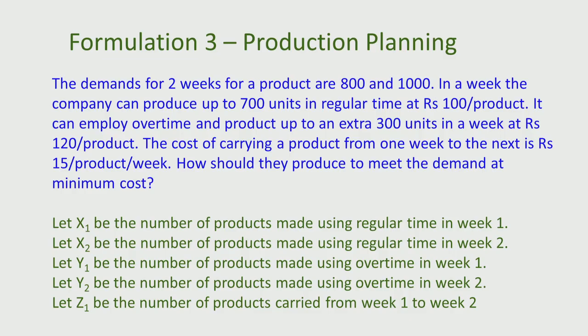Week is the unit of time that we are looking at in this example. y1 is the number of products made using overtime in week 1, and y2 be the number of products made using overtime in week 2. Now, z1 is introduced as the number of products carried from week 1 to week 2 after meeting week 1's demand. So, there are 5 variables in this formulation.